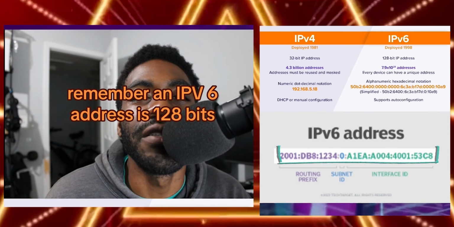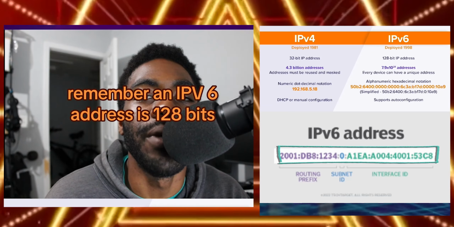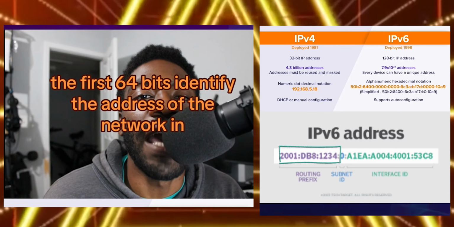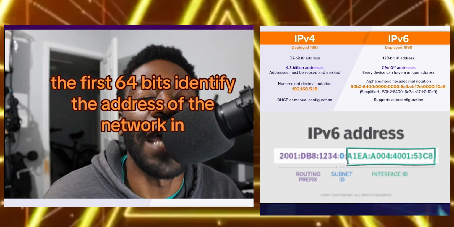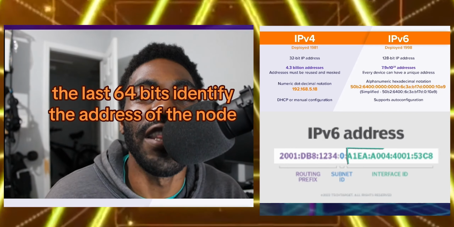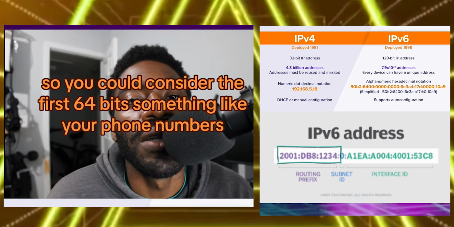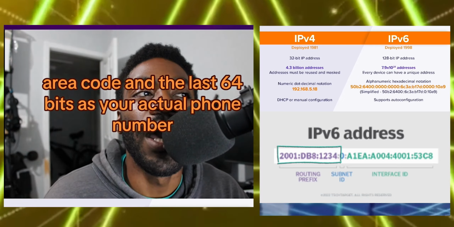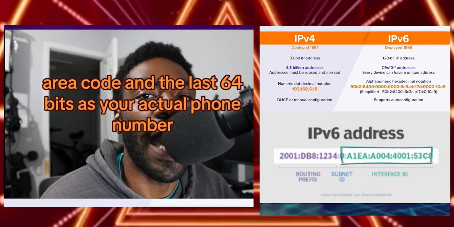Remember, an IPv6 address is 128 bits. The first 64 bits identify the address of the network, and the last 64 bits identify the address of the node. So you could consider the first 64 bits something like your phone number's area code, and the last 64 bits as your actual phone number.